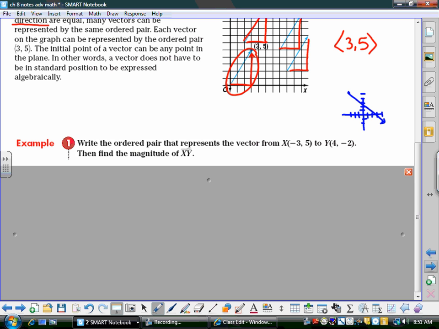So that vector is not in standard position, but I can still write an ordered pair for it. It goes over a certain amount and then down a certain amount. To figure out how much it goes over, I'm looking at how much it changes in the x direction. In the x direction, I change from -3 all the way over to +4, so that's a change of 7.